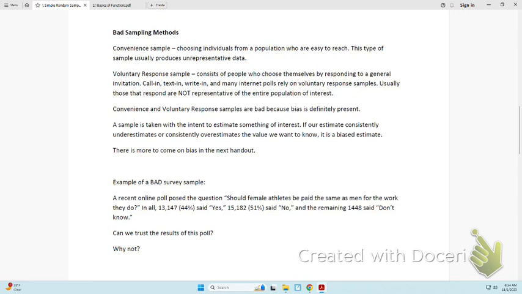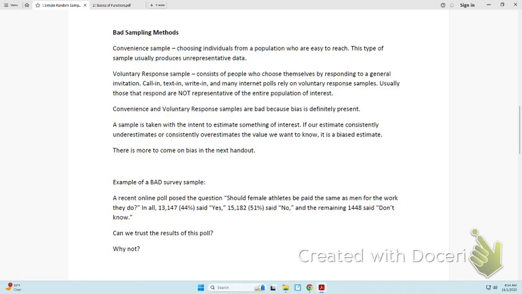Whereas what we're going to get to is we're going to talk about random samples. And if it's truly random, there's a higher chance that it is representative of the population. So these right here that you see, convenience and voluntary, those tend to not be representative of the population.